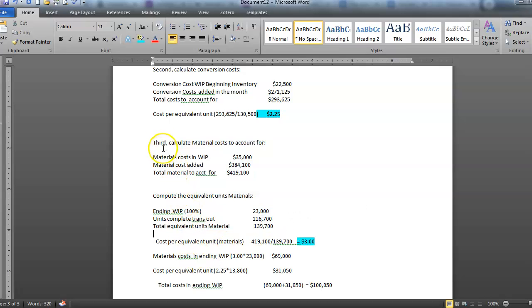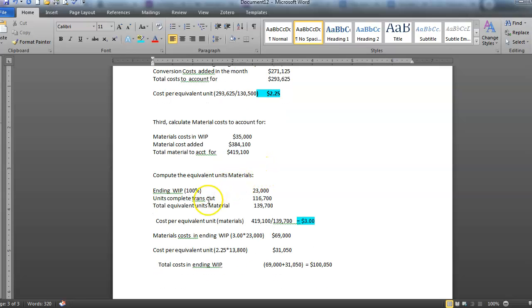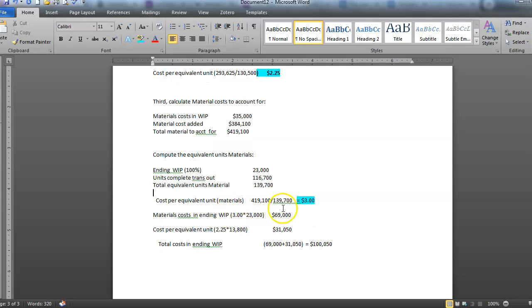So, handling the material costs in the same manner as the conversion costs, we calculate our total costs to be accounted for, our total units to be accounted for, in this case our equivalent units, and divide them together to come up with our per unit cost for materials.